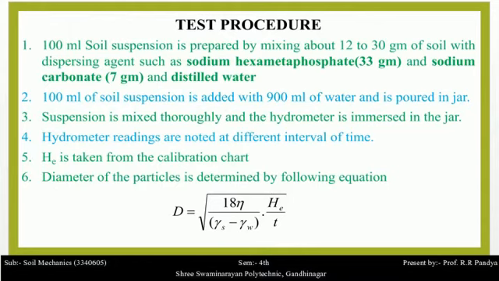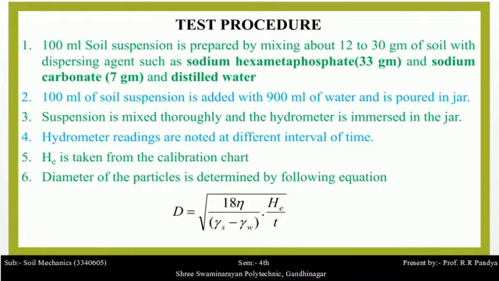Now jump to the test procedure. First, 100 ml of soil suspension is prepared by mixing about 12 to 30 gram of soil with dispersing agents such as sodium hexametaphosphate, which is 33 gram, and sodium carbonate of 7 gram, plus distilled water.